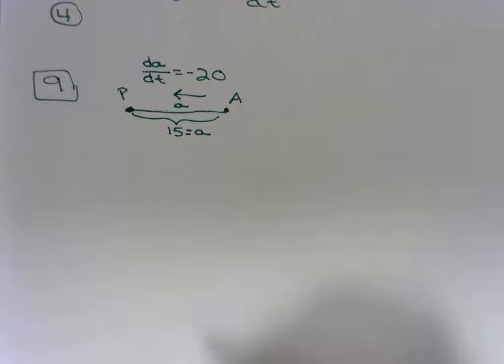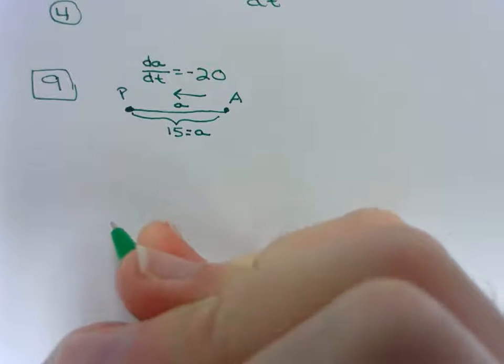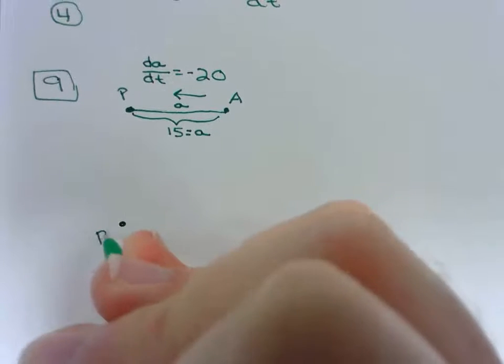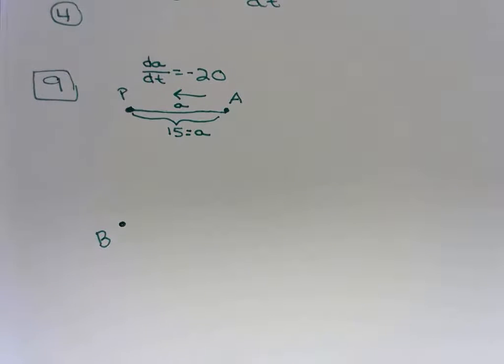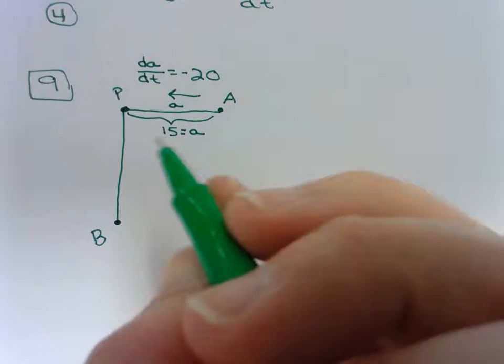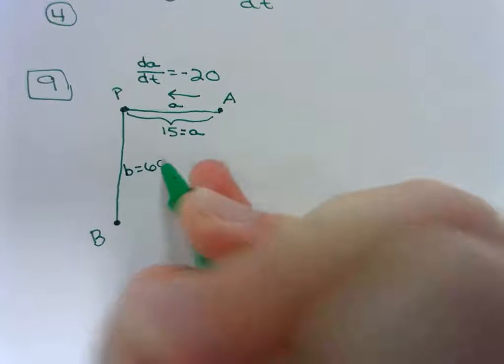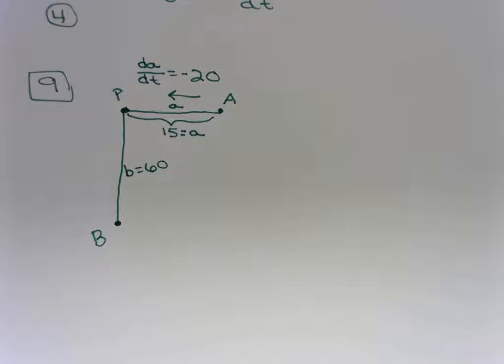Now, it also tells me I have ship B, which is 60 miles south of P. So I'm going to put it a little further down. If I label this as side B, it has a distance of 60. So that's just 60 miles.